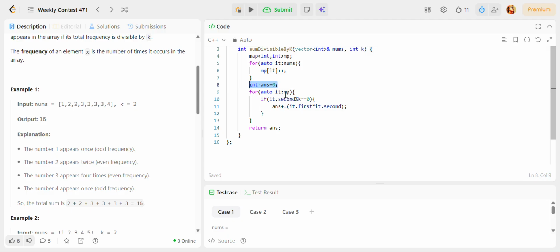Then I iterate through the map and check if the frequency for the given number is divisible by k. Then I am updating the answer as the sum of frequency times the element, and then directly returning the answer.